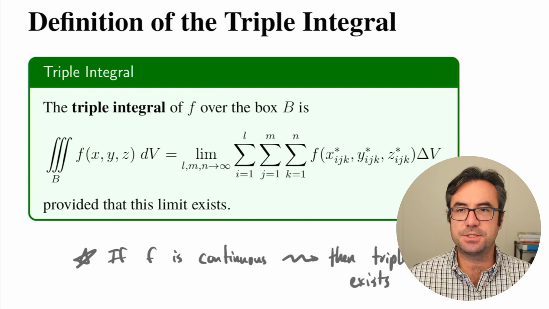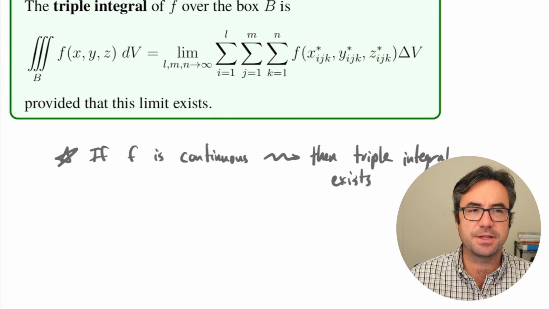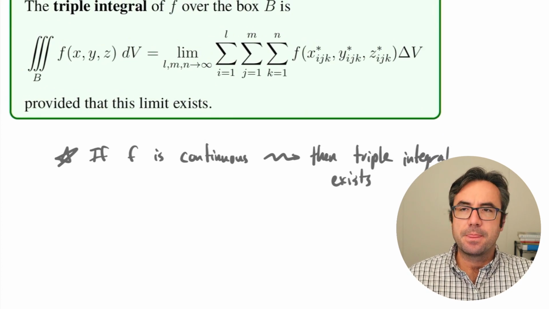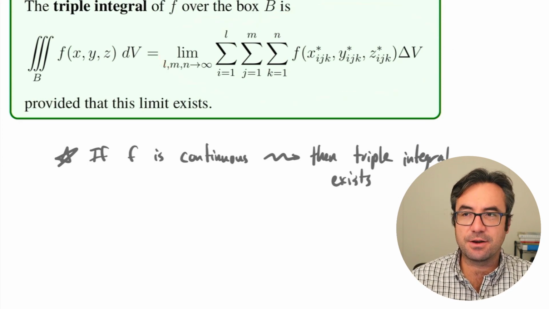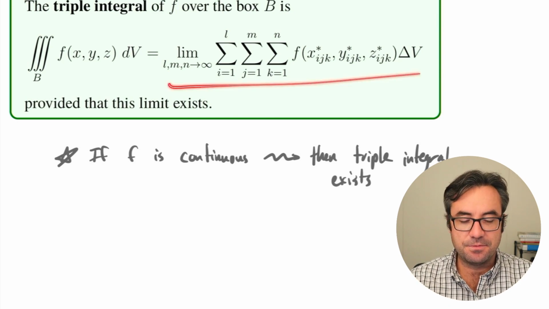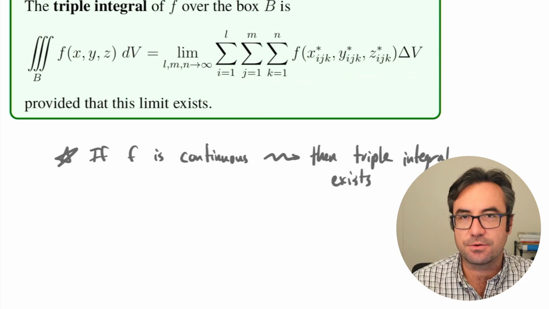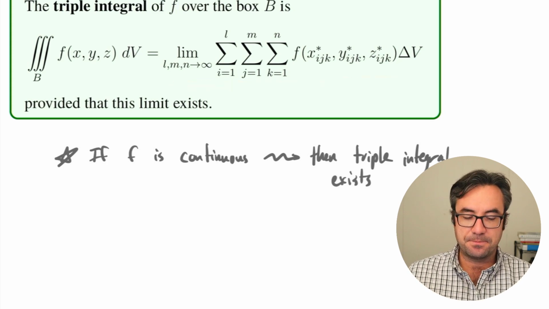All right, so we just need to know that our function's continuous, and for the most part, that's what we work with. All right, so how are we actually going to calculate this? If we calculate it right from this definition, it would take forever.